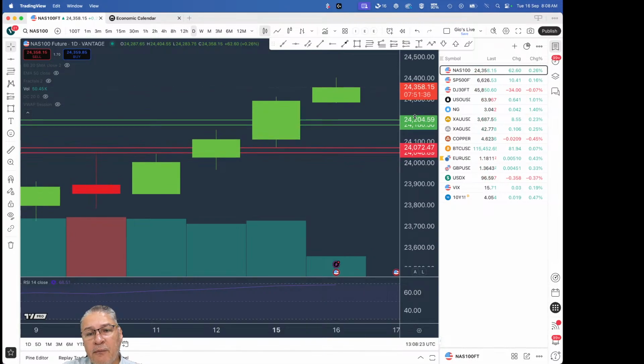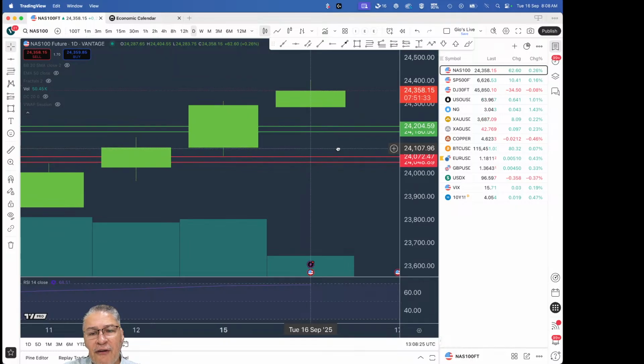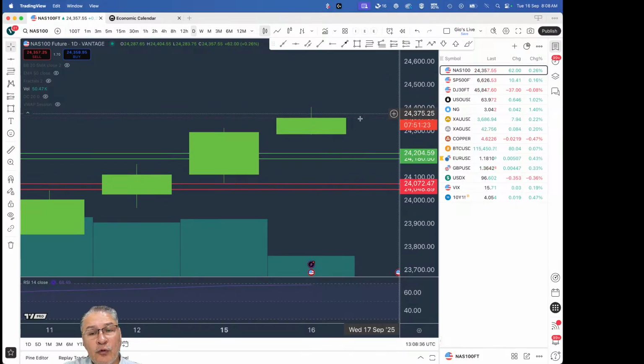Yesterday, when we identified our levels of resistance for the market, we were using our trend-based Fibonacci extension tool to identify those levels, and the golden proportion was 24,202, and that's where the market fluctuated even higher.